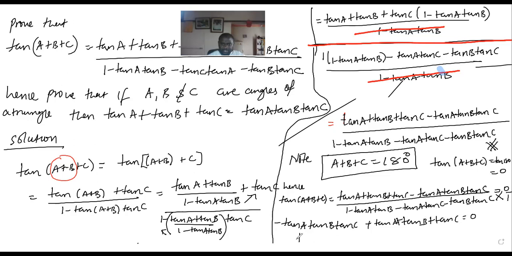This concludes that the sum of tan A plus tan B plus tan C is equal to the product of tan A, tan B, and tan C. Hence proved.